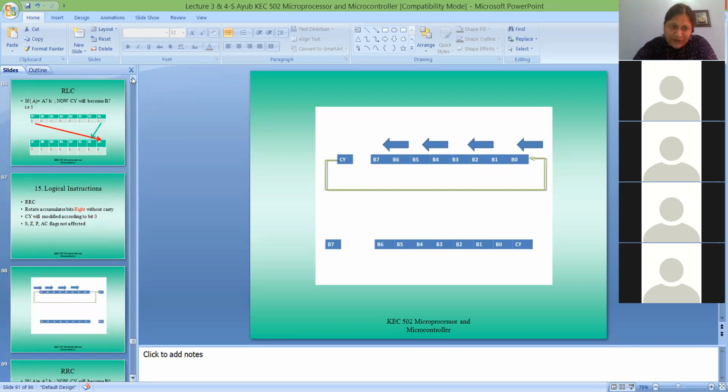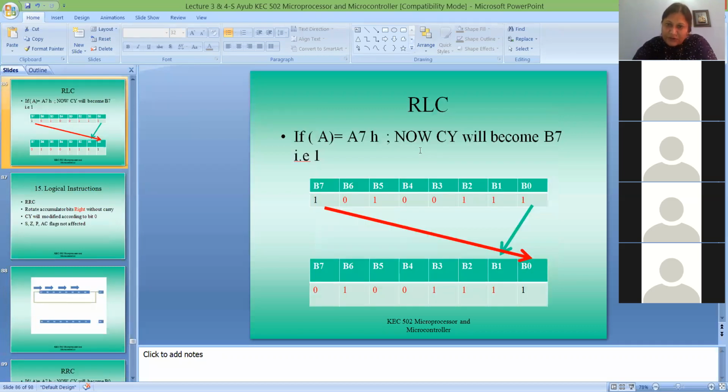You have to tell me, if your initial carry is 0, this is your assignment, and your A contents are A7, what will be the result after execution of RLC and what will be the result after execution of RAL?